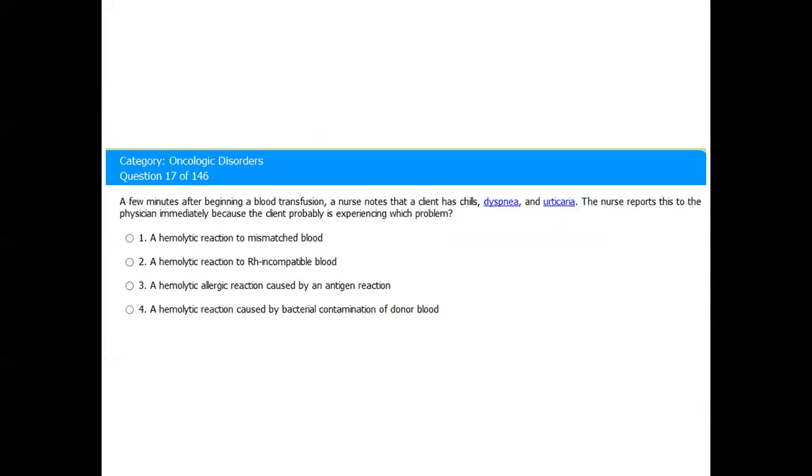A few minutes after beginning a blood transfusion, a nurse notes that a client has chills, dyspnea, and urticaria.